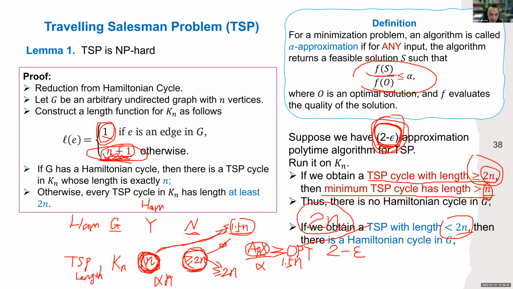So basically, you can consider a line of solutions. This is 0, and this is 2n. If optimal is small, then the approximation algorithm will only output values in this range. If optimal is big, then it will give you a solution in this range.